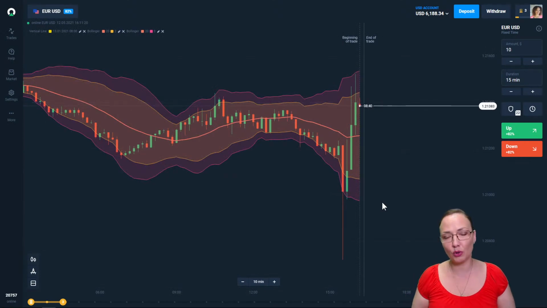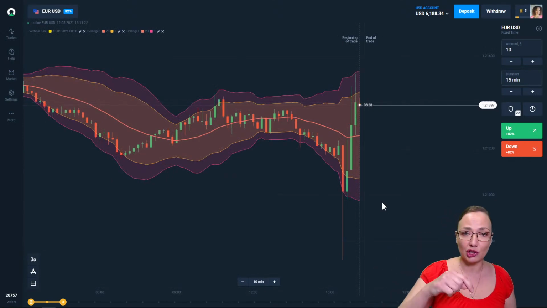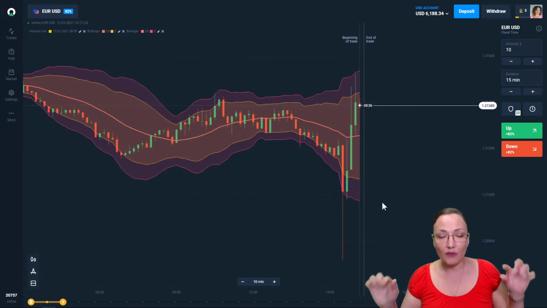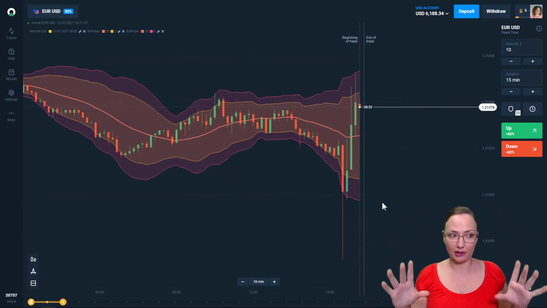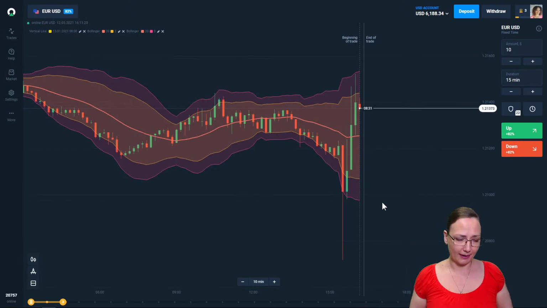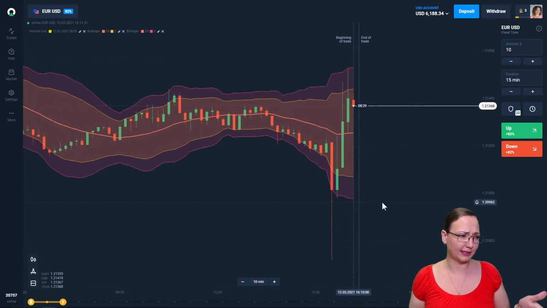What we have to look for is a touch or a breach of the third deviation band.